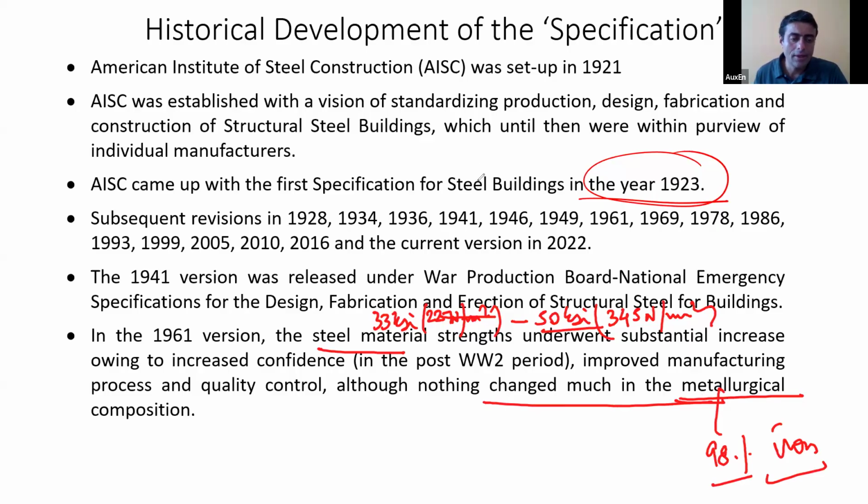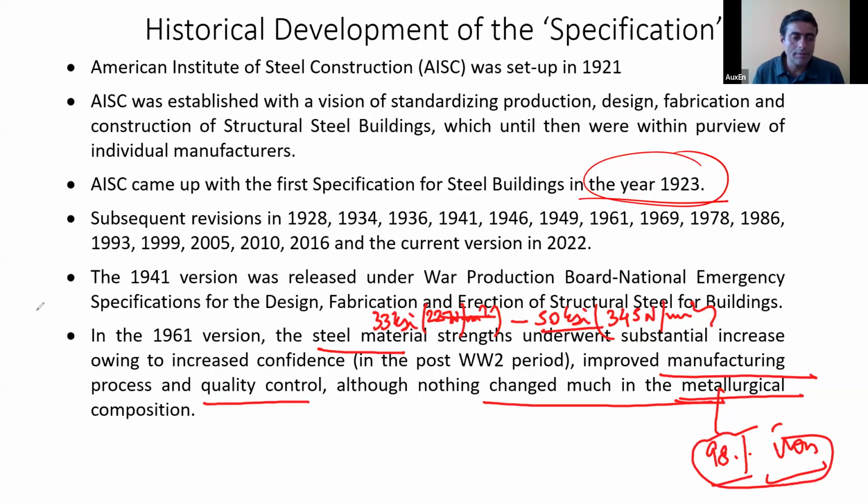Other materials are added, like carbon, silicon, sulfur or phosphorus. That's just a 2% addition. Otherwise, 98% is iron. But still, why do you get such a large variation in the steel grades? Mostly because of the manufacturing process and the quality control, you are able to get different grades.